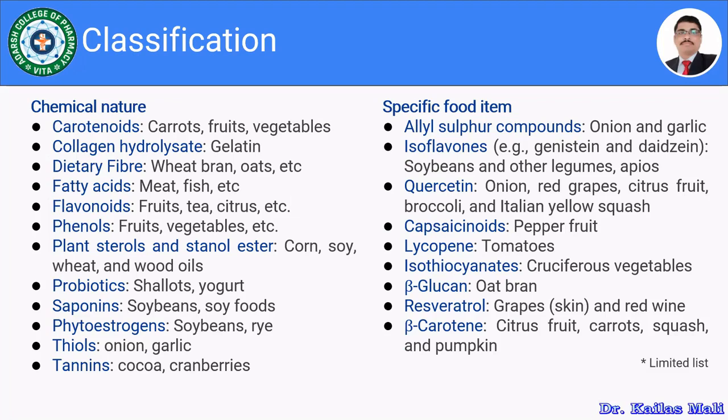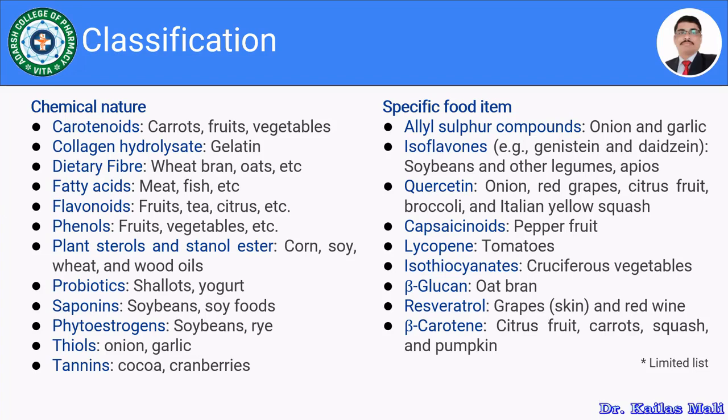So the examples of carotenoids are carrots, fruits, vegetables, then collagen hydrolysate, for example, gelatin, dietary fibers, for example, wheat bran, oat, pectin, and so on.